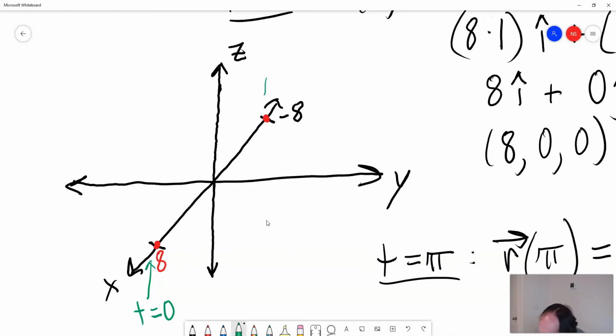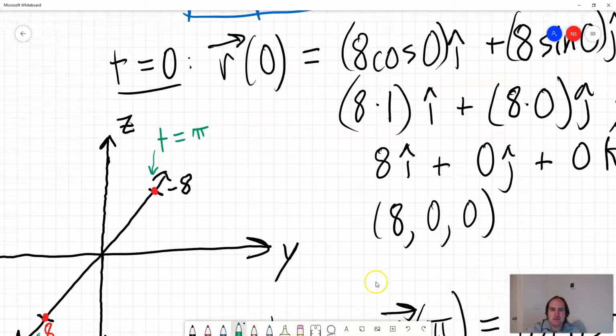And then the second point over here is where t equals pi. And then we're going to do one more point for now, which is t equals 2 pi.